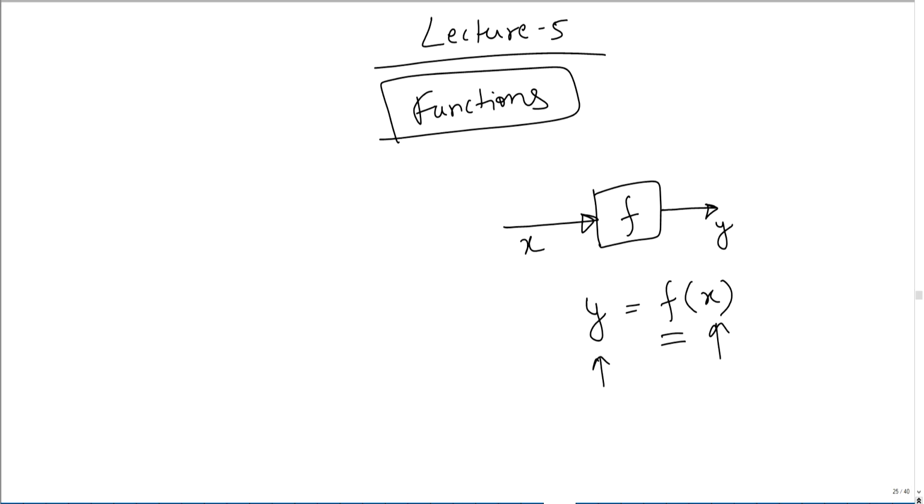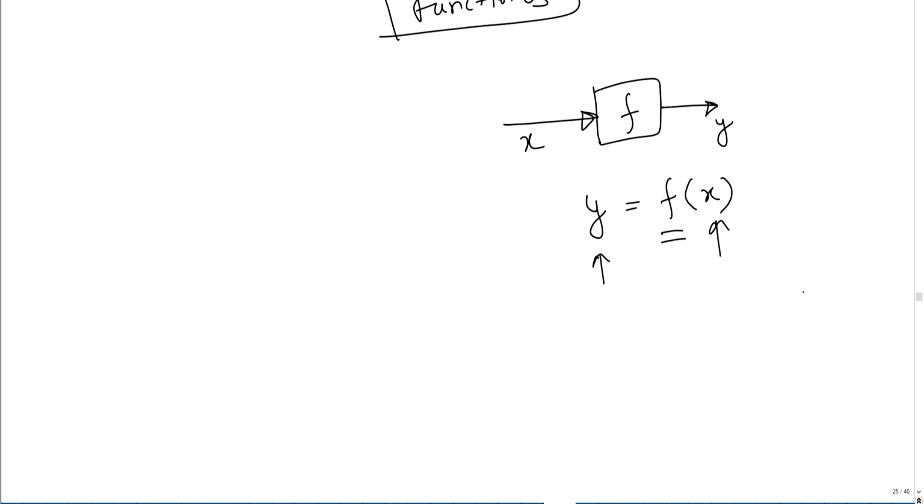This is the most fundamental, definitional thing about a function: it is a process that takes some input and gives you exactly a single value as an output. Another way to think about this is that there is a set of possible input values of x, let us say 1, 2, 4, 5, 6.